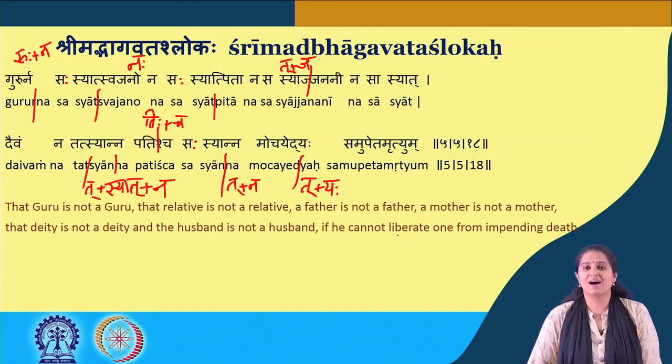Guru na sasyat, swajano na sasyat, pita na sasyat, janani na sasyat, daivam na tatsyat, na patischa sasyat, namo cha yedyah samupeta mrityum. Uttamam. So a lot of food for thought there.